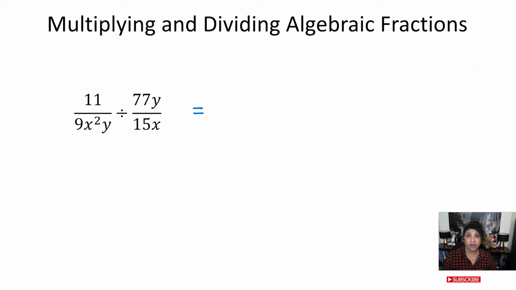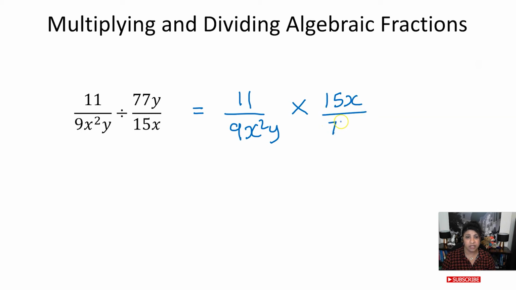So we keep the fraction on the left. So that is going to be 11 over 9x squared y. I've kept, change to multiplication, and flip. So now I need to flip the fraction on the right.